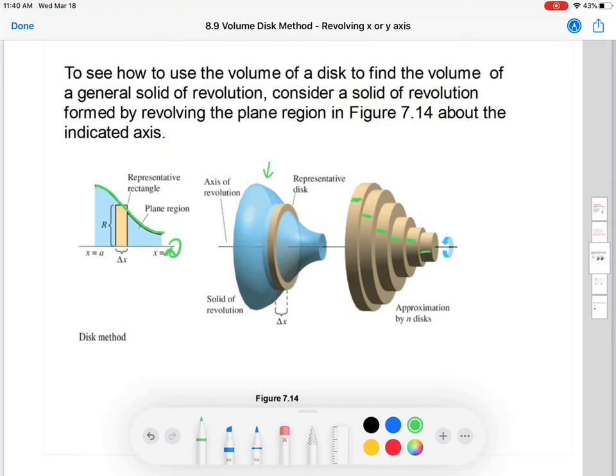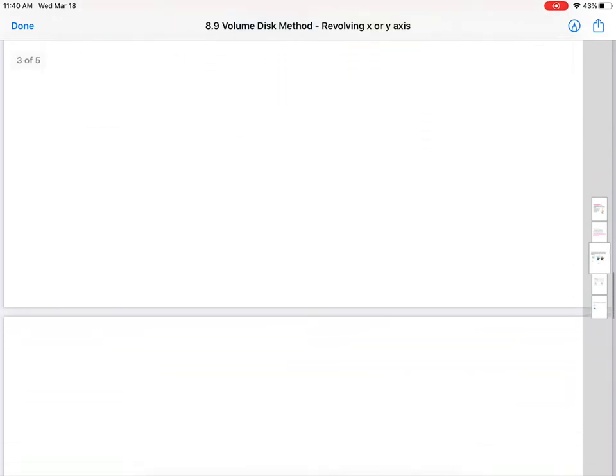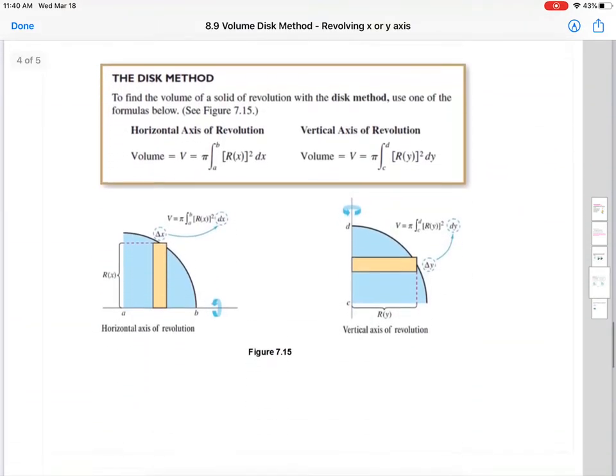And as soon as we let the number of discs go to infinity, then we're talking about a definite integral. And that's why this delta x of the representative rectangle doesn't even matter, because we make them so narrow that there's really no width to talk about. On the next slide, we're going to see what those formulas actually look like.